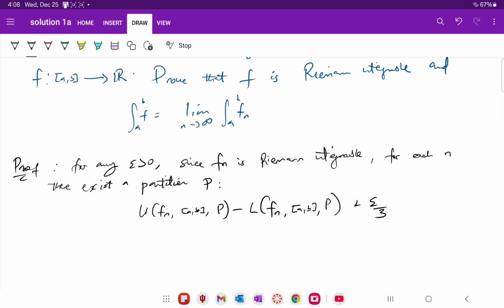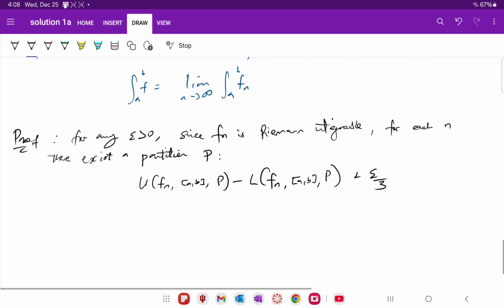Okay, and also from the hypothesis we have fn converges to f.